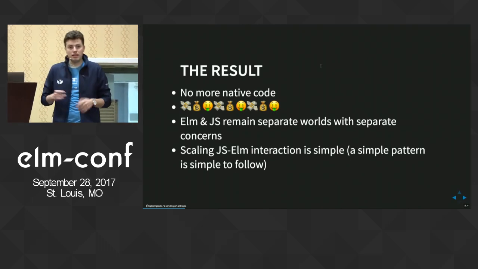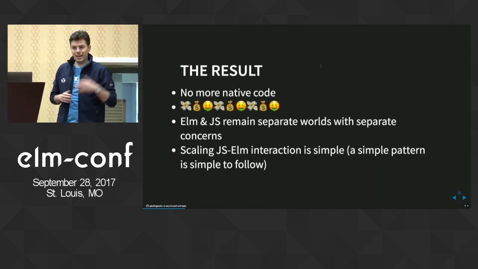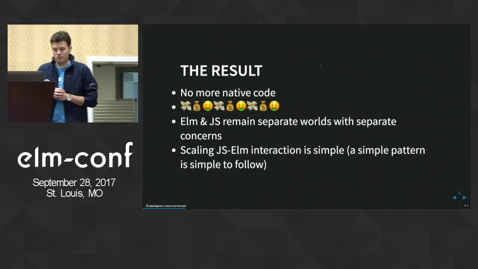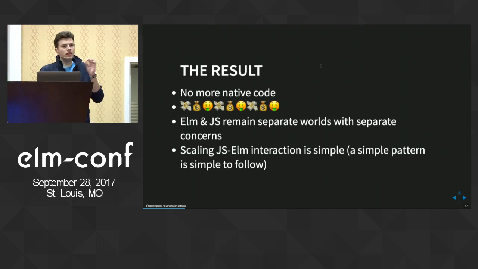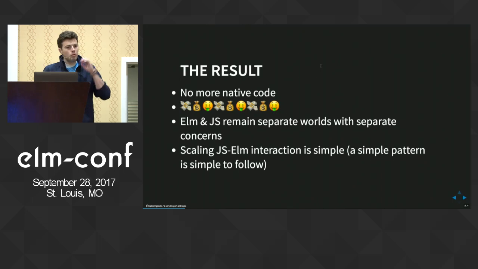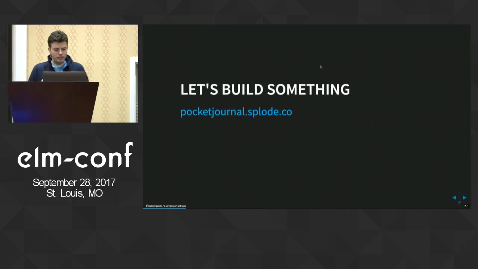And by scaling, I mean as soon as you want to do something more with JavaScript than what you used to do, that's scaling between Elm and JavaScript. So you have the ability to, in a principled and predictable manner, say, I want to add something in JavaScript. I know how to do it. It'll be pretty simple. So to illustrate this, let's build something together, kind of, very quickly.